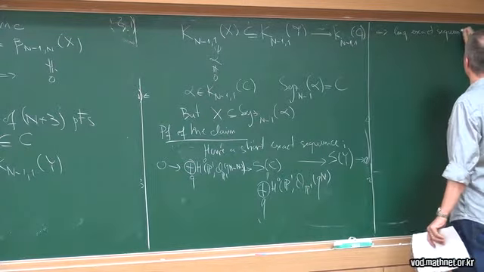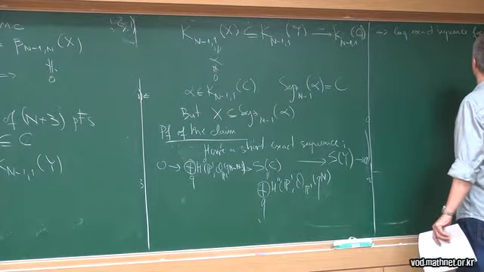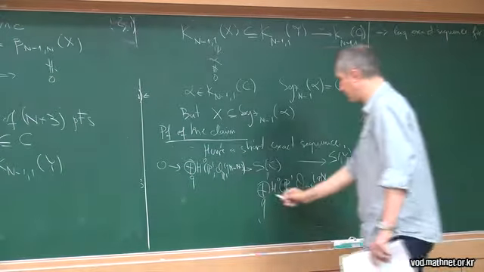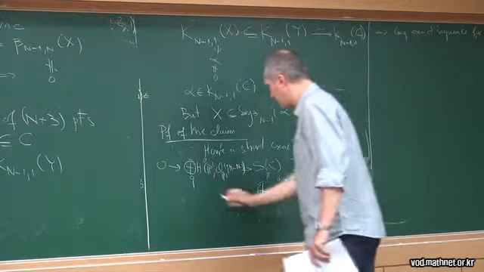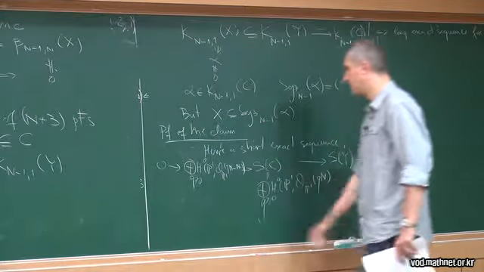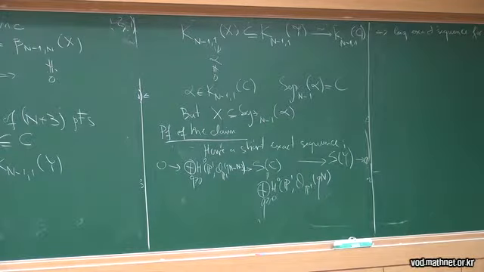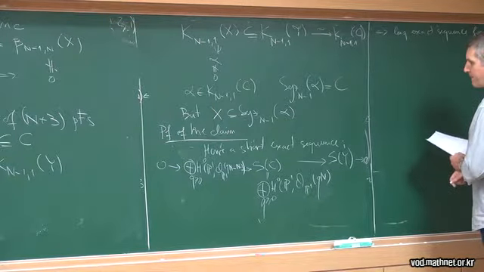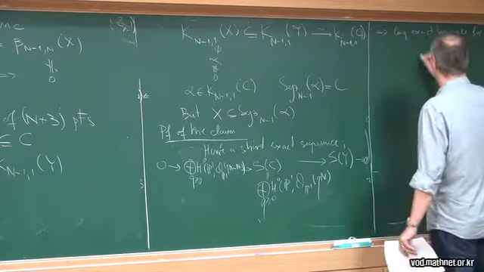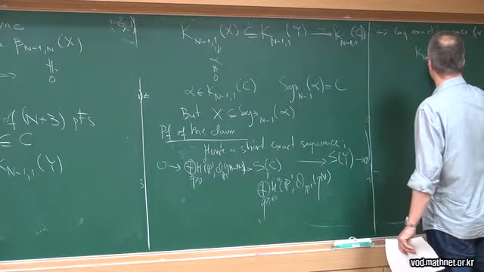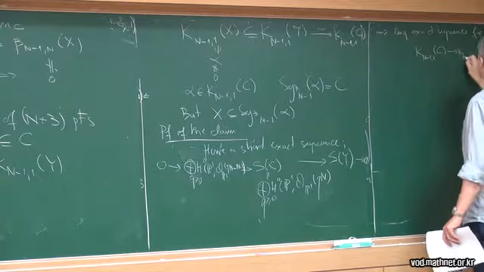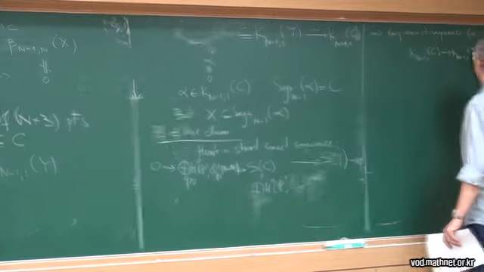for Koszul homology, which is the following. So we are interested in K_{n-1,1}(C) and K_{n-1,1}(Y).